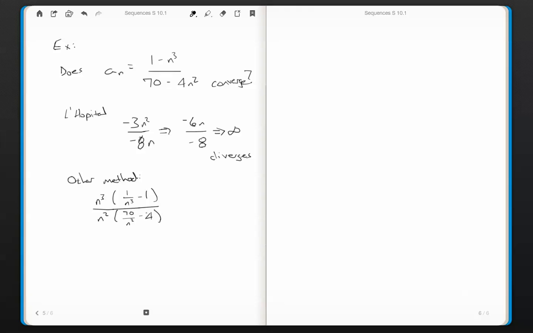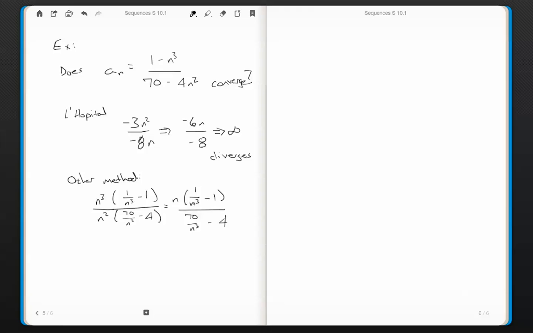All right, so does this do much good for me? I don't know. Let's keep going. The n cubed and the n squared cancel, leaving me just an n on top. And this becomes 1 over n cubed minus 1, over 70 over n cubed minus 4. All right, well, I don't know if I made any progress.